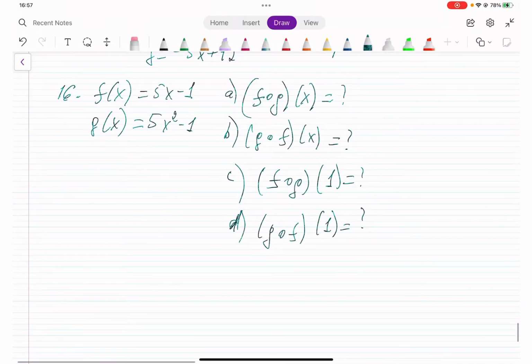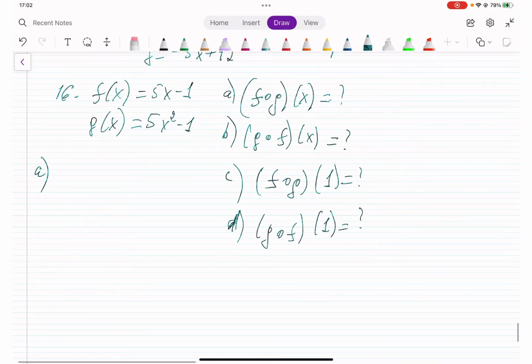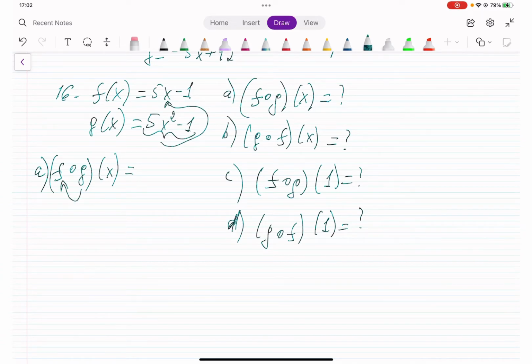So first one, a, f composite of g for general x. So let's solve it. F composite of g for x. That means I'm going to enter the value of g of x into this x of f. So this g, we enter into f.